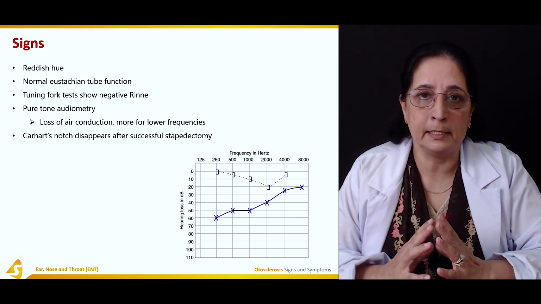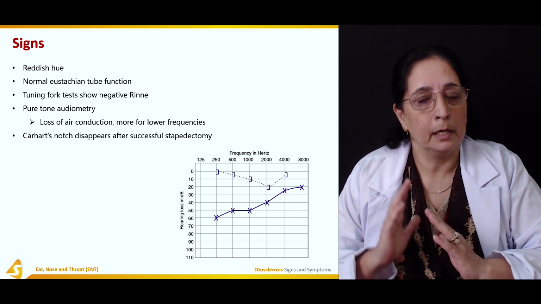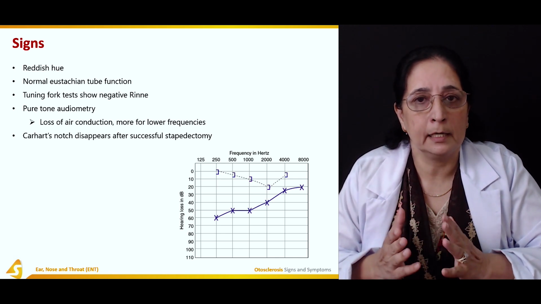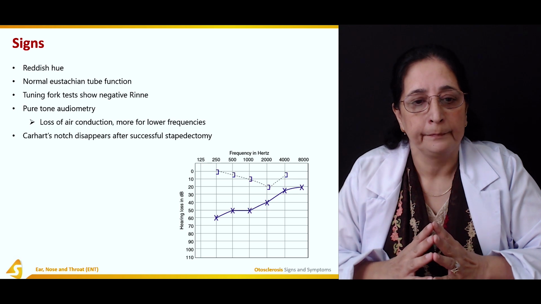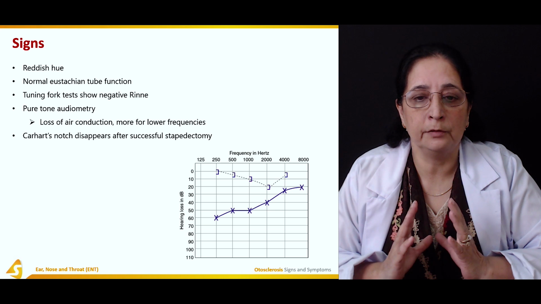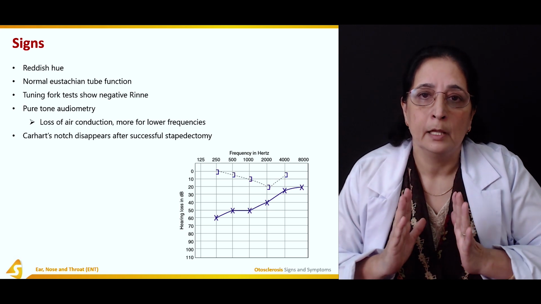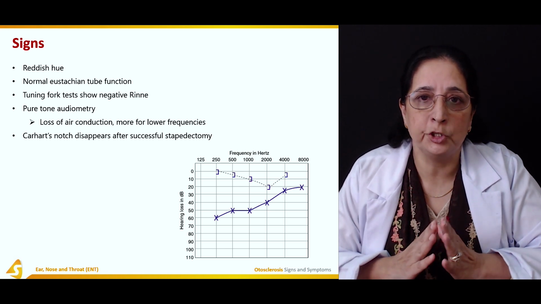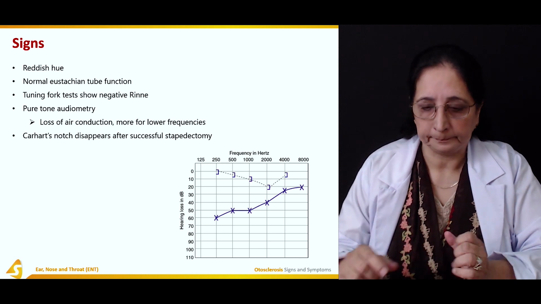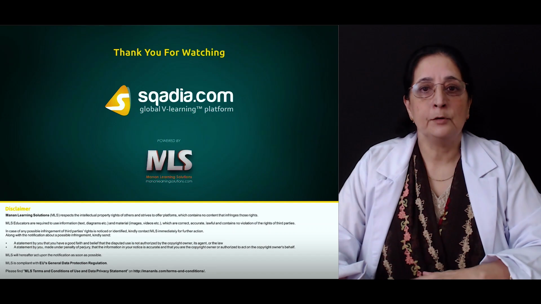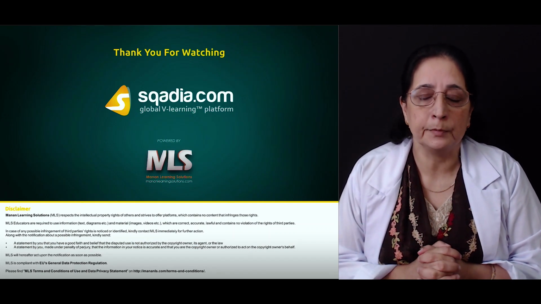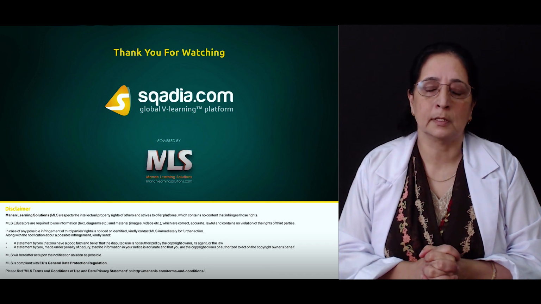They have a negative Rinne test. Air conduction is affected, there is normal eustachian function, and the lower the frequencies used, the poorer the hearing. So that was all about the pathology and signs and symptoms of the patient with otosclerosis.